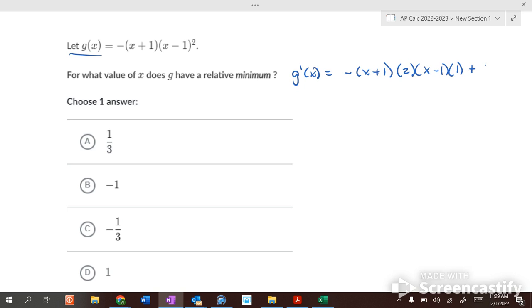plus x minus 1 quantity squared times -1. Ew. So this, you know what? It might be easier to do. I don't know what the easiest way to do this is. Let's just multiply this whole stuff together. What's x plus 1 times x minus 1?